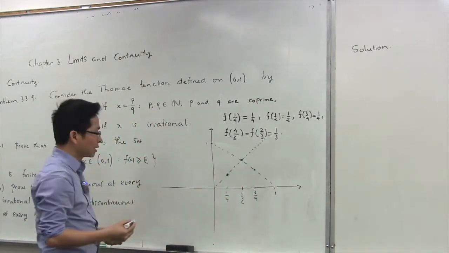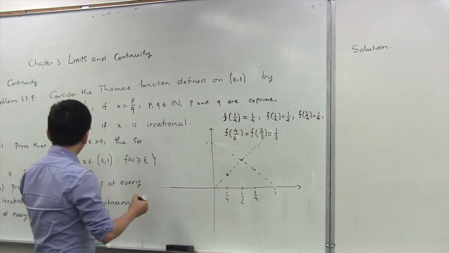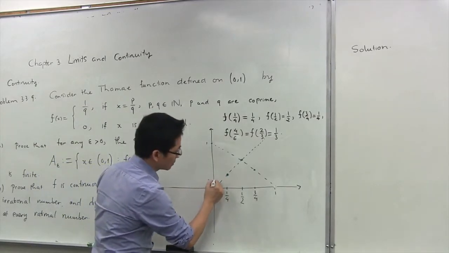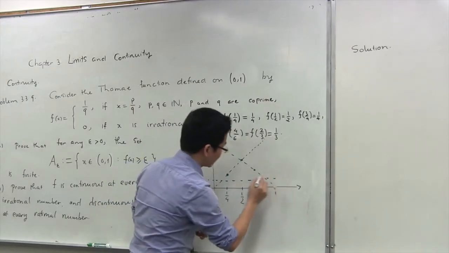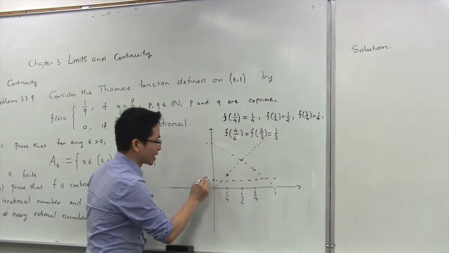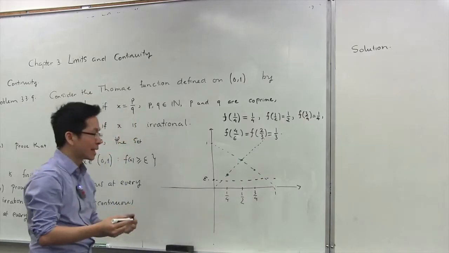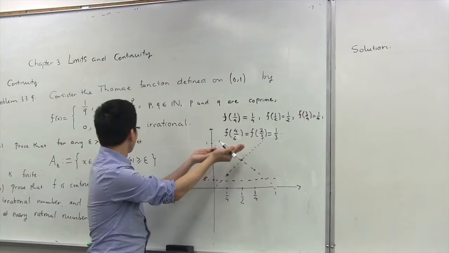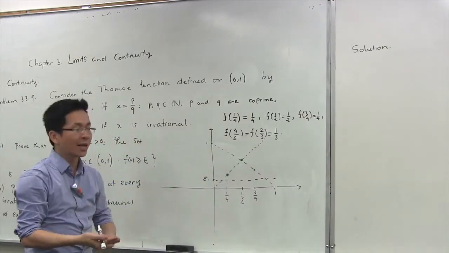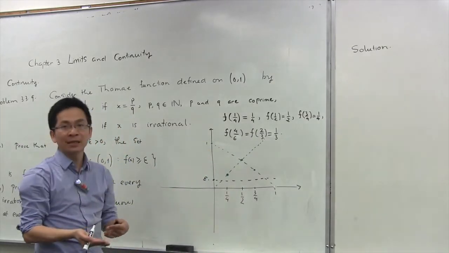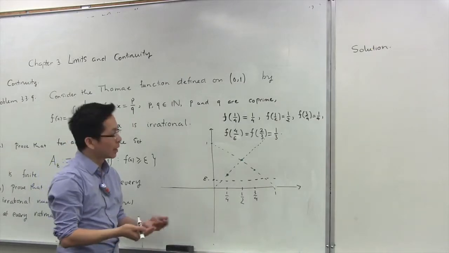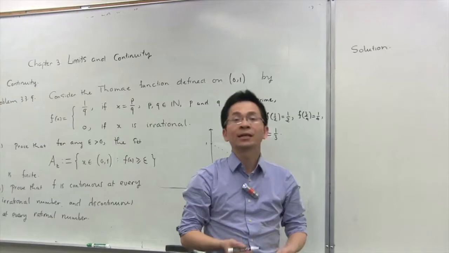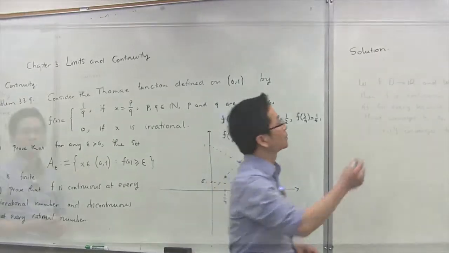Now, in the first part, we're going to take any epsilon greater than 0. This is epsilon. And we are looking at the set of all x such that f(x) is greater than or equal to epsilon. And we have to show that that set is finite. Okay? So let's see how we can prove that the set A epsilon is finite.